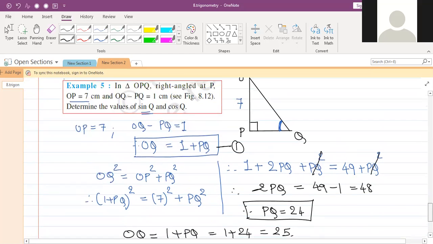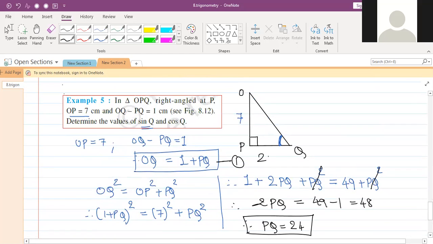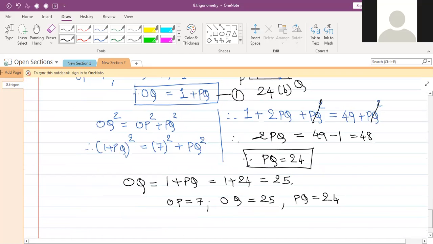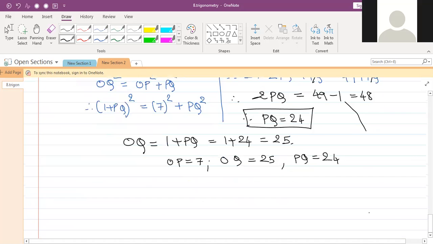So now we have all these values, this PQ is 24 and this one is 25. So this one is the hypotenuse, this one is our base, and this one is the perpendicular. So here we can easily find the value of sine Q and cos Q. If we find the value of sine Q, that is based upon hypotenuse.